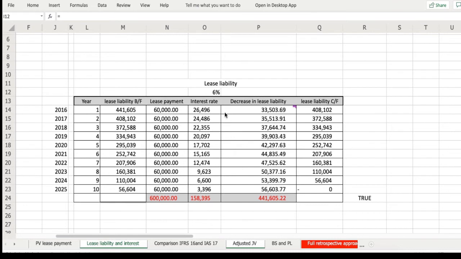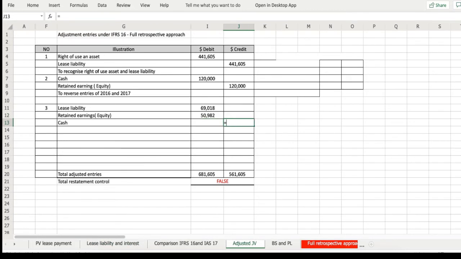This interest would be this plus this. The credit side would be the total of two interests. If you see, in 2016 and 2017 under IAS 17, we paid a total of 120,000.